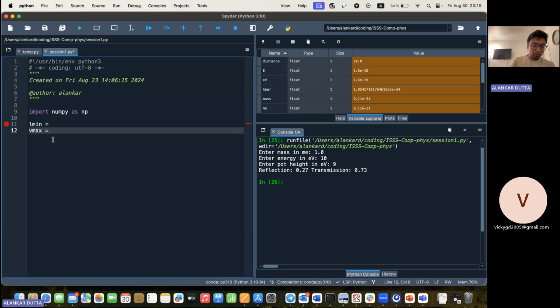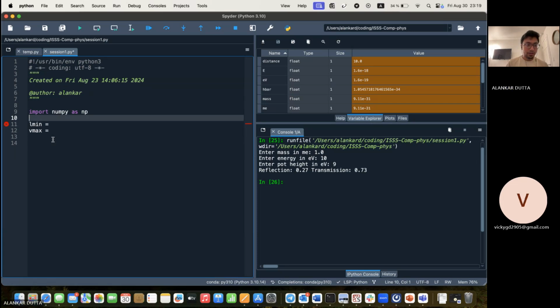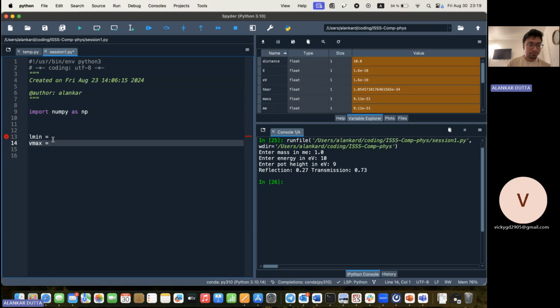Okay, so the quantities at perihelion are given. So if it's perihelion, then that would mean L is L min because that is closest, and then V has to be V max. That's the highest velocity. But given these two, which the user will input, we are going to find out what other things we have to calculate, the orbital parameters. So let's see the relations.